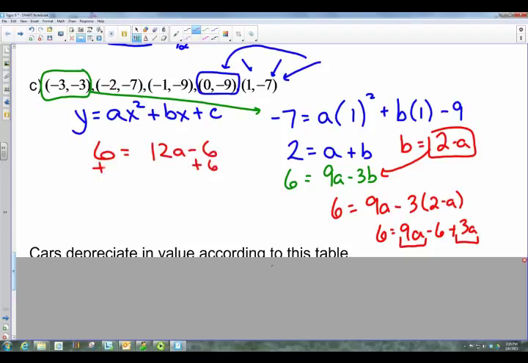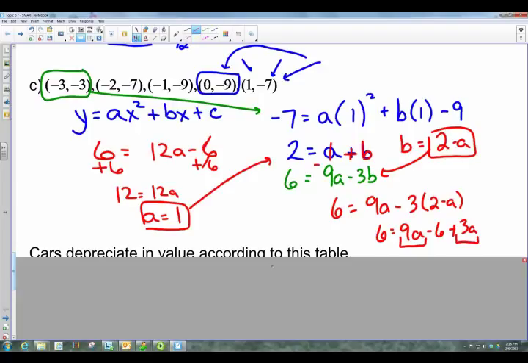Add 6 to both sides. Okay, so those cancel. You end up with 12 equals 12a. So a equals 1. Now what we're going to do is take this and substitute it back into there, and you end up with 2 equals 1 plus b.